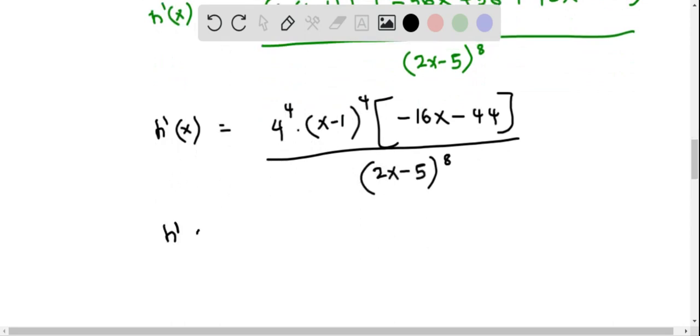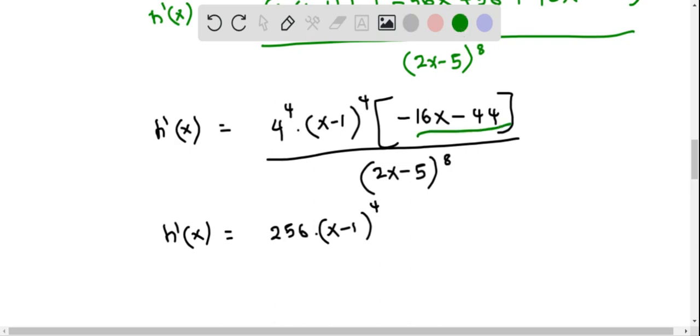So let's continue simplifying this, and this equals 4^4, which is basically 256, and we have (x - 1)^4. Now we can factor -4 from these two terms.